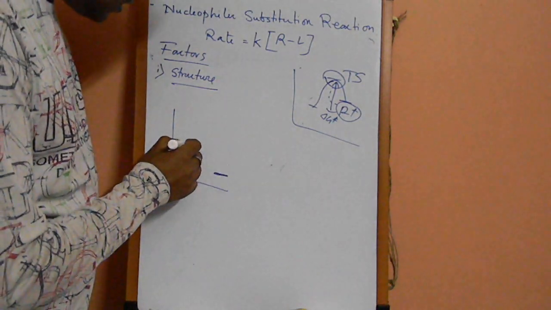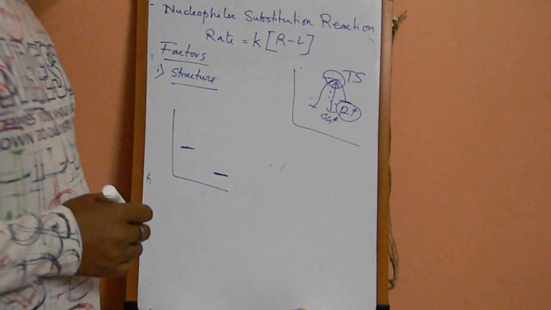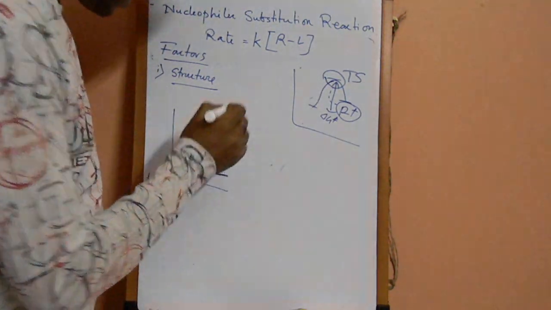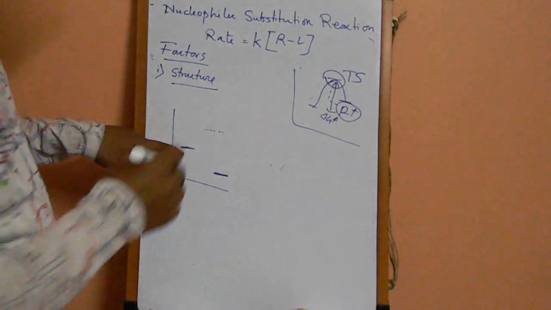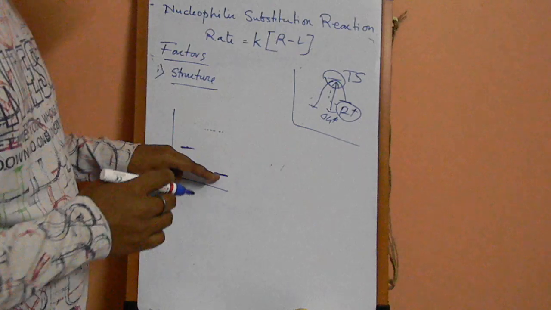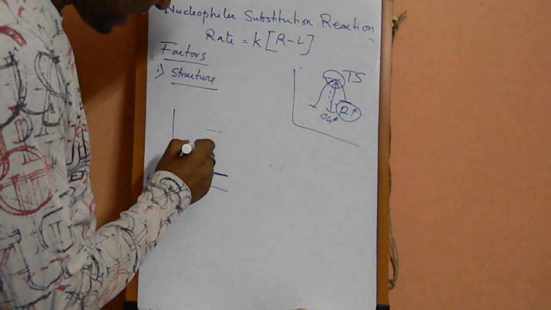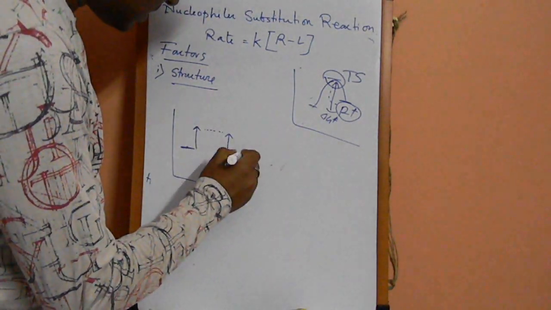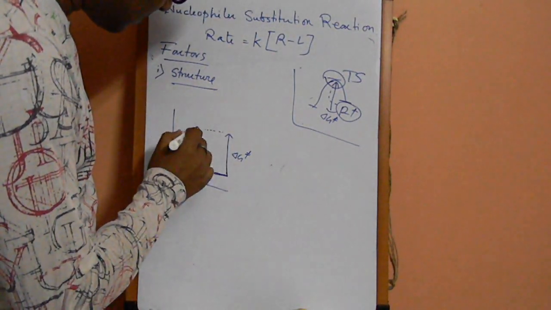Now if this is a substrate molecule, suppose they are attaining the same transition state. This already strained molecule is energetically above the relatively non-strained or stable molecule, but they are attaining the same transition state. So now this delta G prime will be higher compared to this delta G prime.